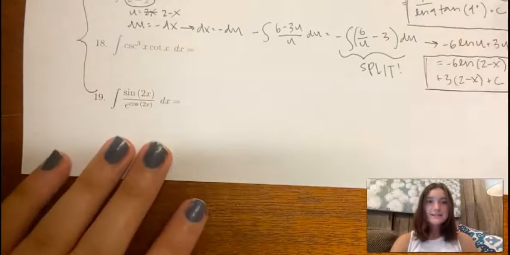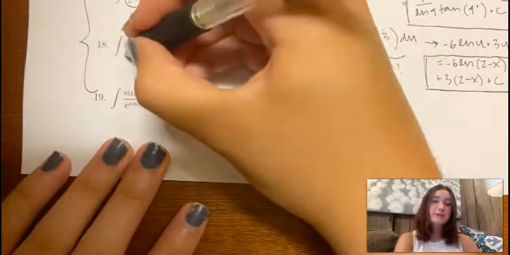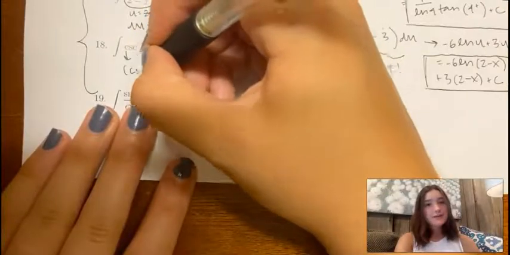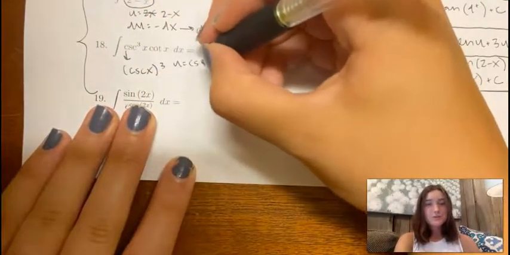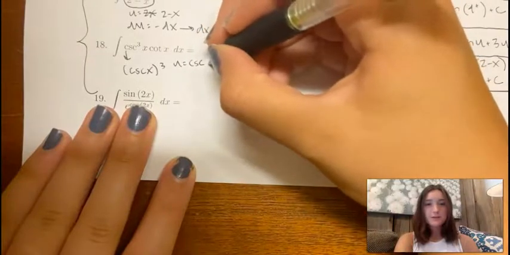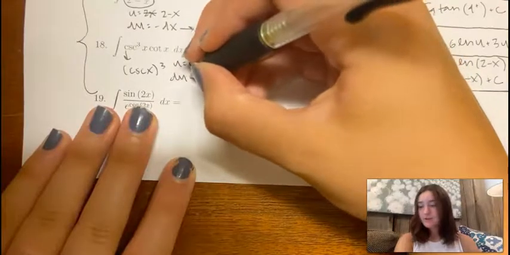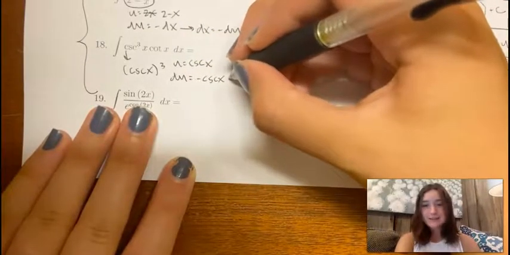Okay, number 18 is kind of a doozy as well, but what I'm going to do is rewrite this integral as cosecant x to the 3, or cubed, so that I can recognize that u as cosecant x, and then take the derivative of u. Again, this one's just kind of crazy because the derivatives are so long, it's easy to get things mixed up.